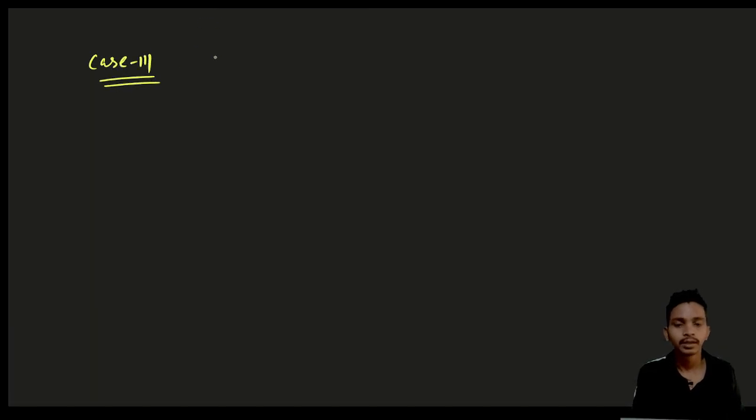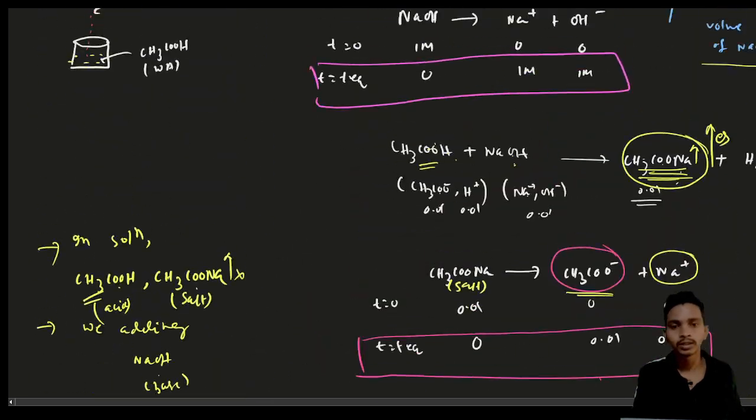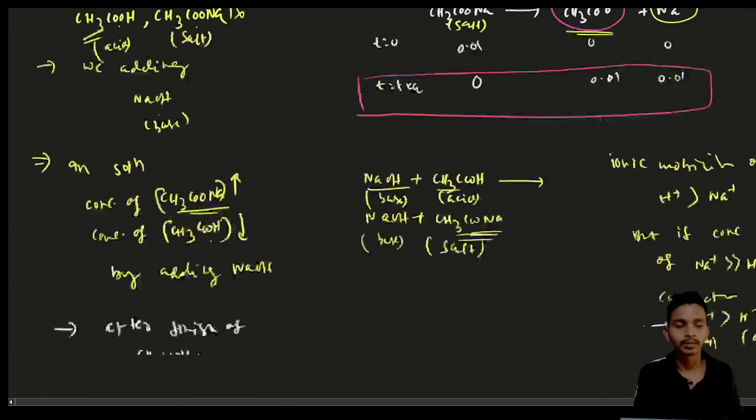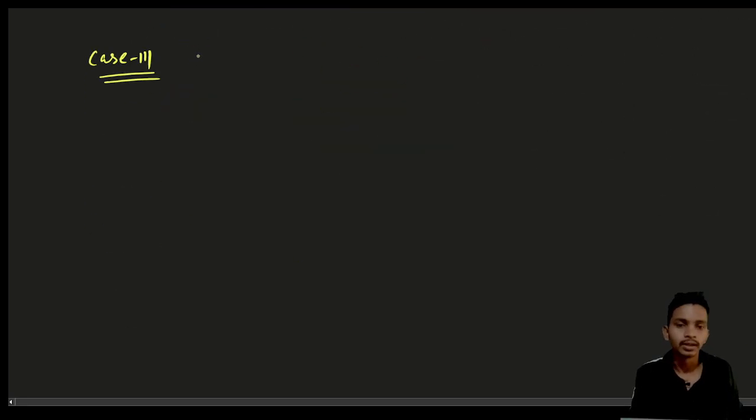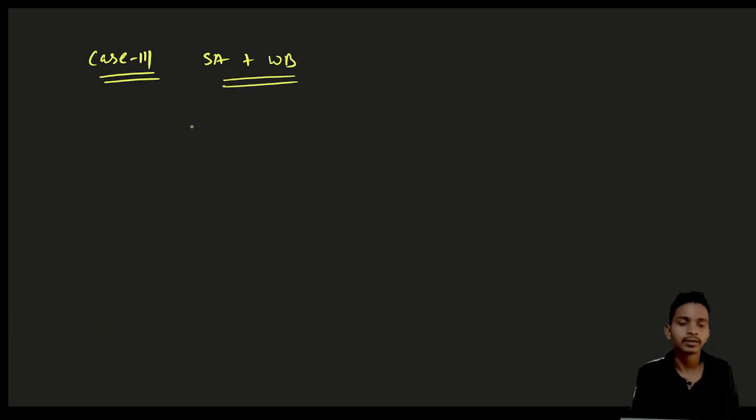Now we'll discuss case 3. What was case 2? Case 2 was weak acid versus strong base. So this will be strong acid plus weak base.